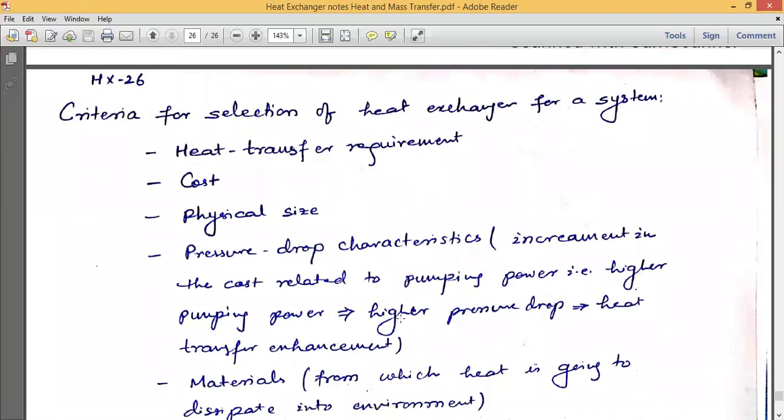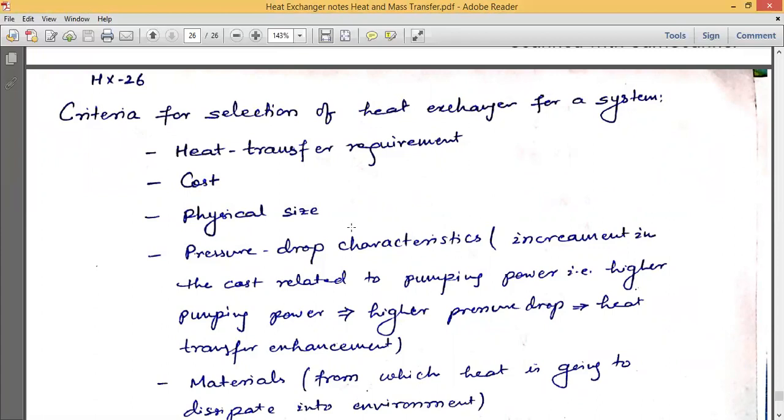Now, what are the different criteria for the selection of a heat exchanger for a system? The first one is how much heat transfer you require. What is your economy, budget or cost? How much cost can you afford? What is the physical size that you need? What are the pressure drop characteristics?